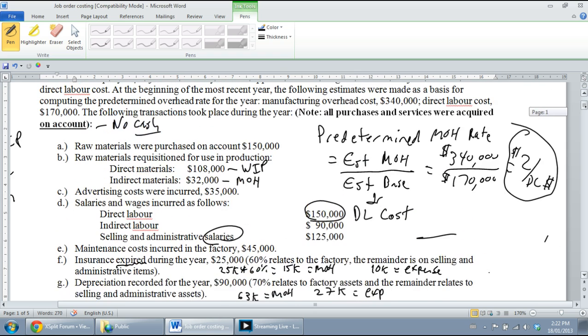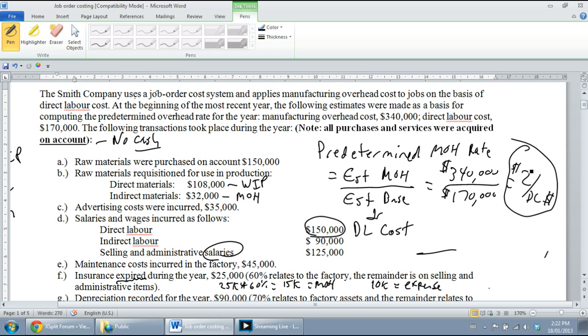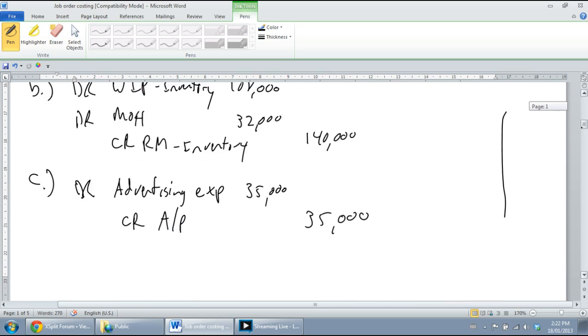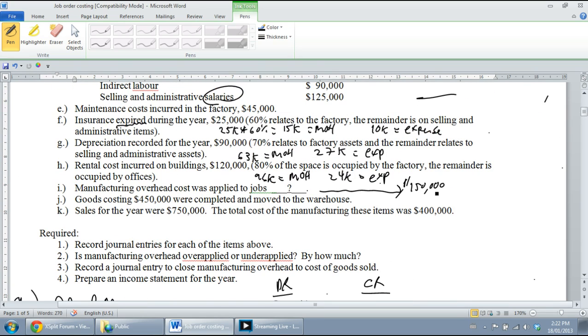Now this formula says, for every dollar I spend on direct labor, I'm going to spend 2 on overhead. So if I spent 150 grand on direct labor, I expect to spend 2 times that on overhead. I expect to spend $300,000 on overhead. And that's how much overhead I apply to my jobs.